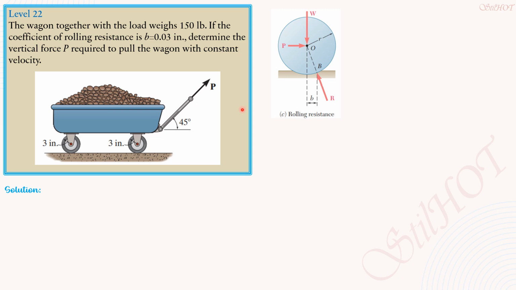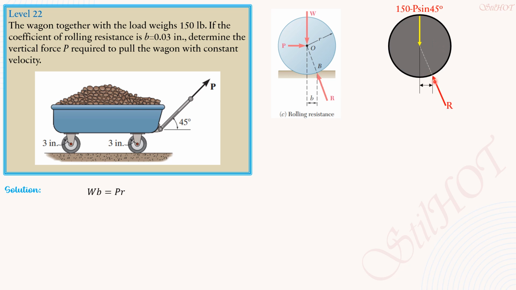The principle really, without memorizing the formula, is to locate that point B, and then we sum up moments about B, where the downward vertical component is the 150 pounds minus P sine of 45 degrees, as shown in this free body diagram.